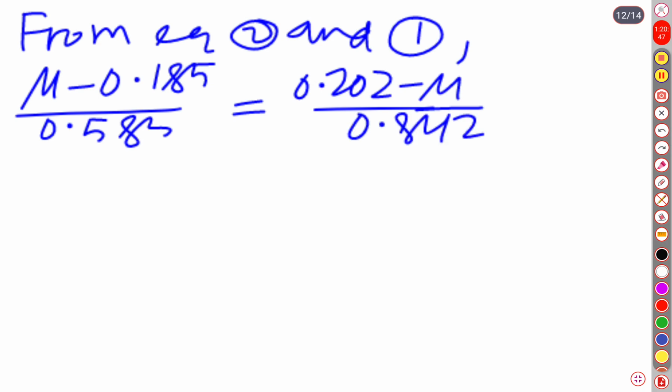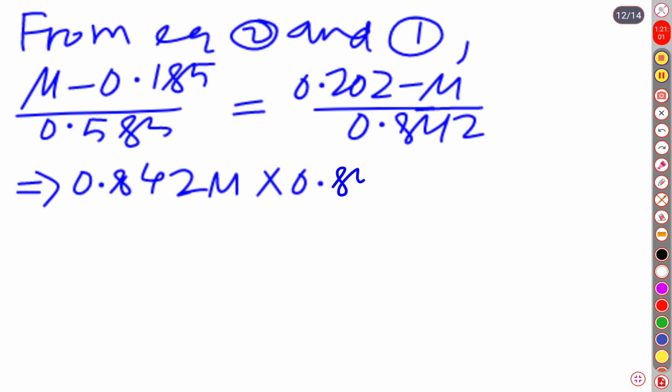Then if we do cross multiplication, we will get 0.842 into mu, sorry, it is a minus symbol.